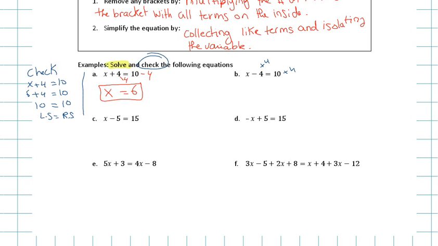What does L.S. mean? Left side and right side. So x would equal 18. 10 plus 4 is? That's 14 then, right? So now I'm confused. 4 plus 4 is 8.